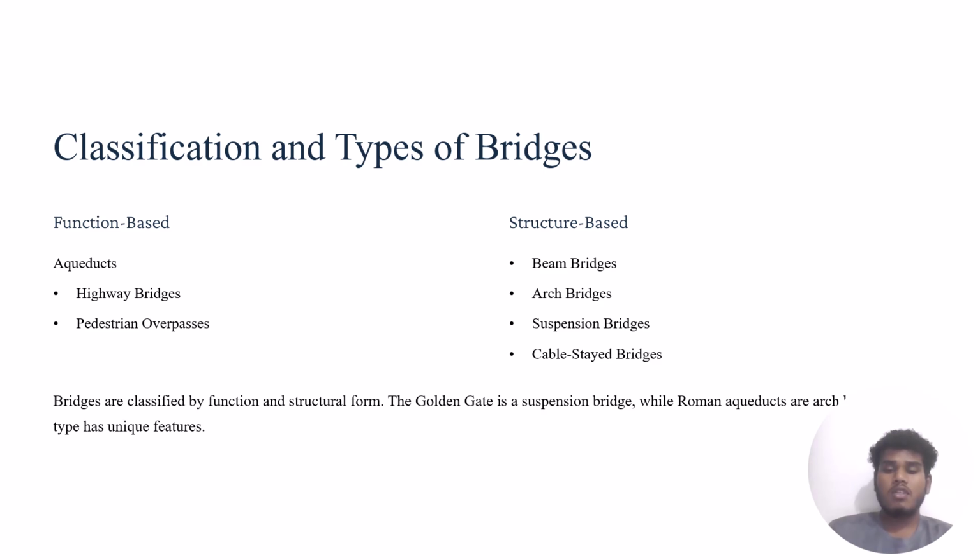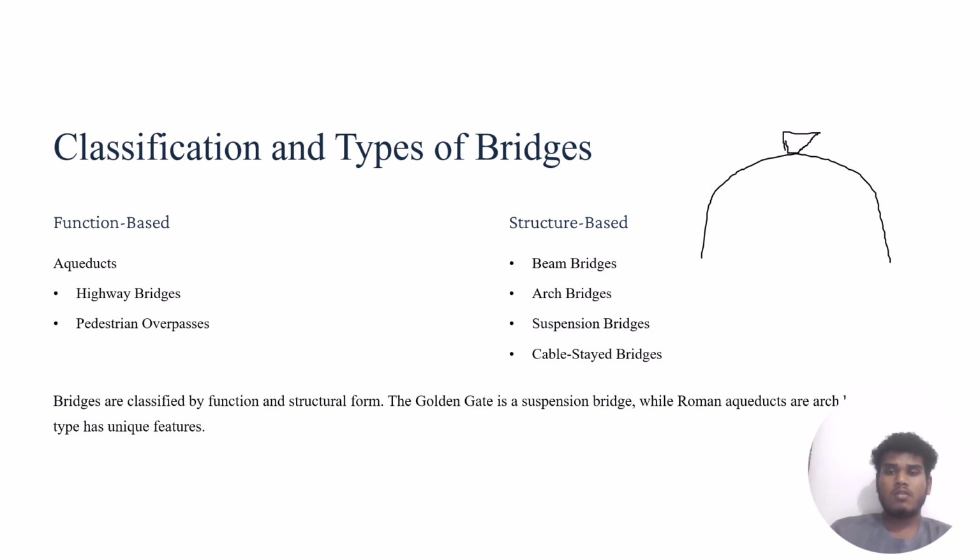So beam bridge means simply supported beams are placed where traffic flows on them. Then arc bridges are in the shape of an arc, where a keystone is placed.